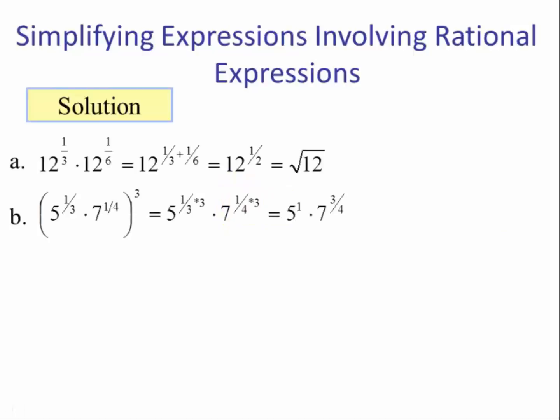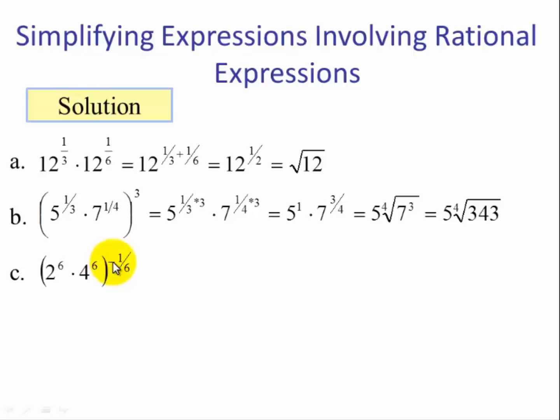Multiplying, we have 1/3 times 3 is 1, and 1/4 times 3 is 3/4. Well, 5 to the 1st power is 5, and then if you recall, our index is 4, the denominator. Our power is the numerator, so that's our radicand, and we can simplify 7 to the 3rd power as 343. So our answer is 5 times the 4th root of 343.